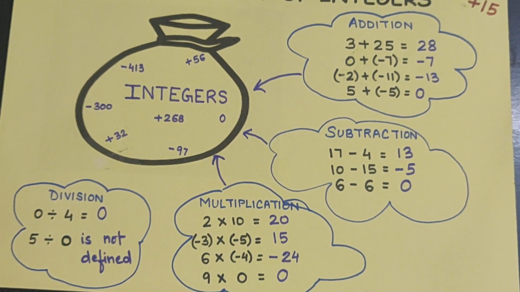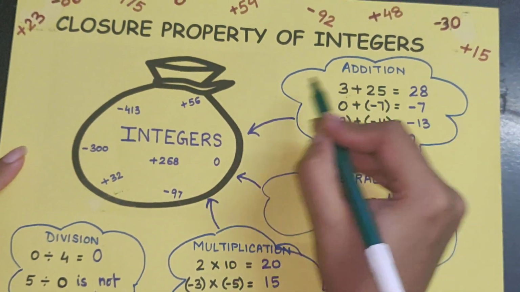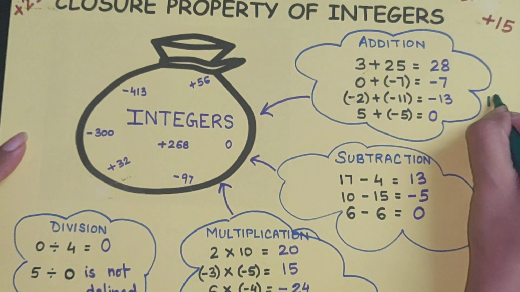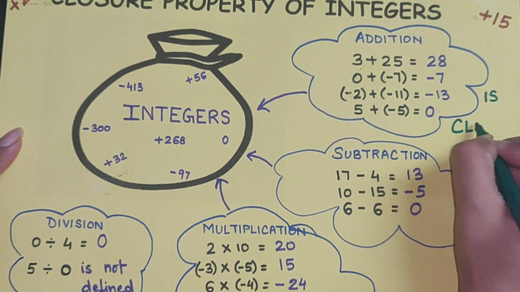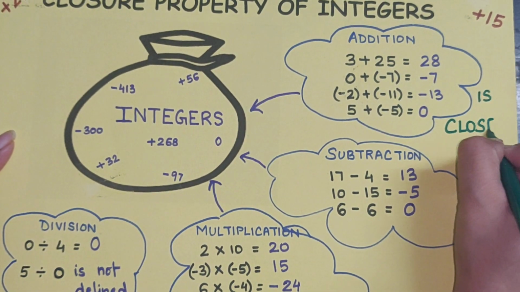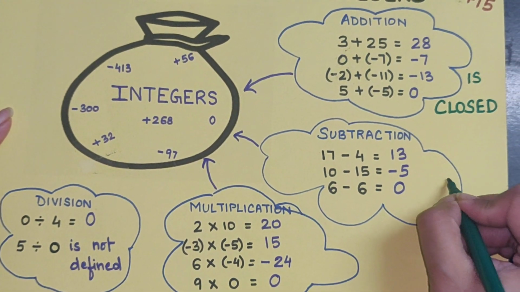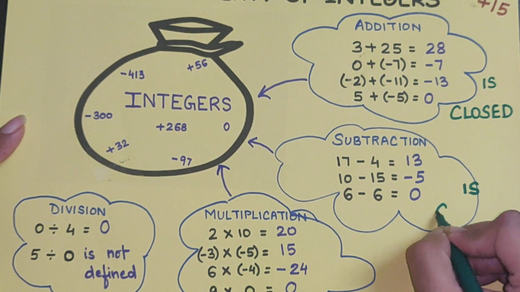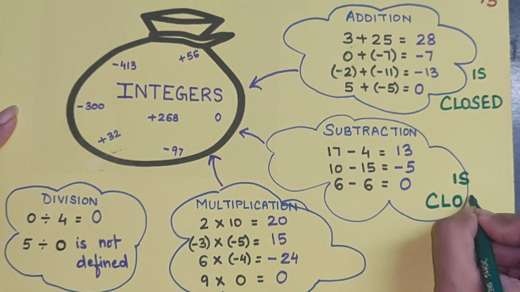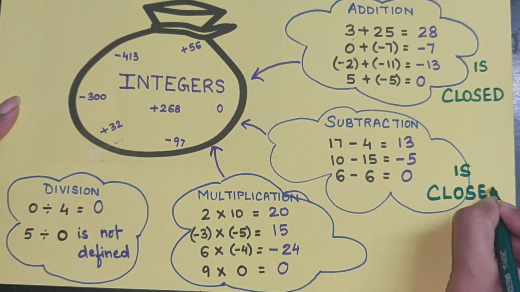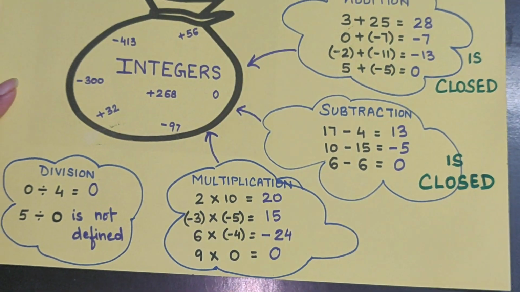Now we come to the final conclusion that the sum of two integers is always an integer, which means the addition of integers is closed. Addition of integers is closed. Subtraction of integers is also closed, because the difference of two integers is always an integer.